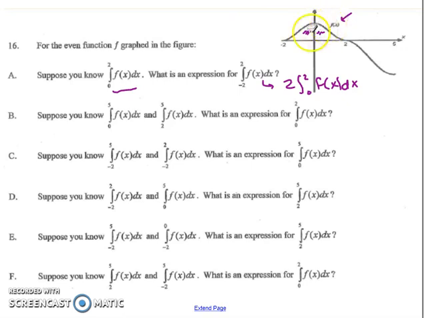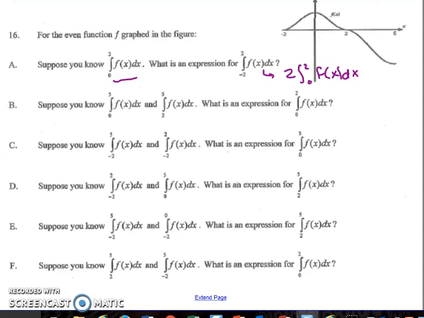So number 2 says, suppose we know the integrals from 0 to 5 and 2 to 5. Okay. I know the integrals from 0 to 5 and 2 to 5. How do we get the integral from 0 to 2?